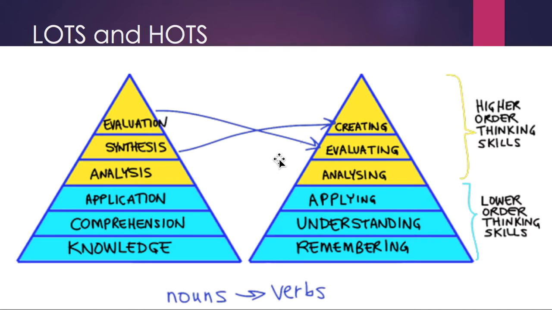So those are our higher order thinking skills. We want students to use higher order thinking skills as often as possible. They can't do that until they've mastered the content on lower order thinking skills. So as you develop courses and content, you've got to provide that foundational knowledge. And as they develop that foundational knowledge, you can challenge them more with the higher order thinking skills.